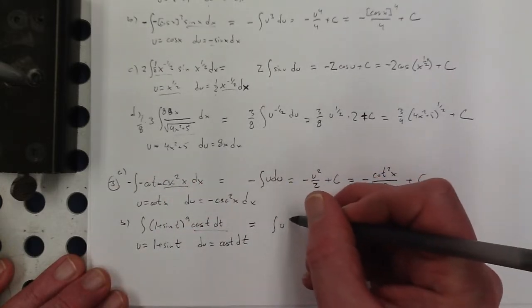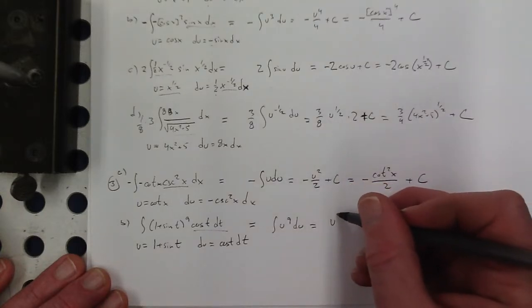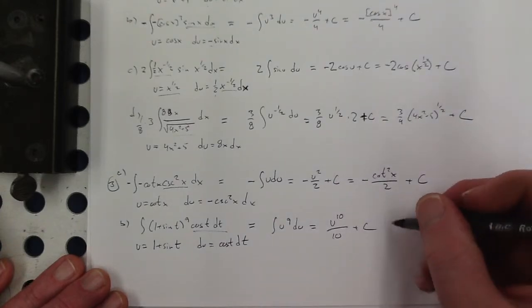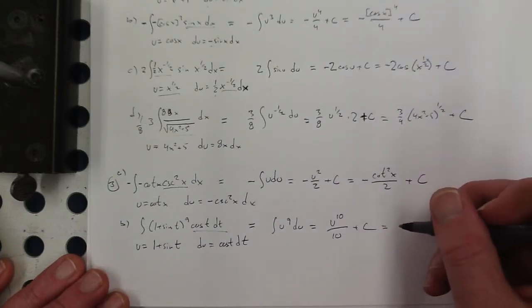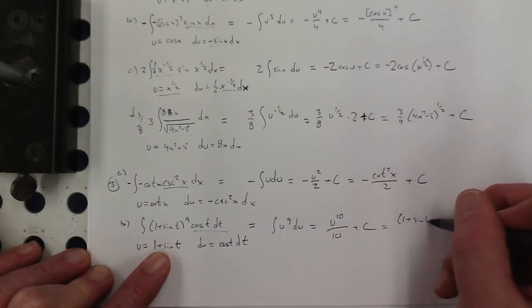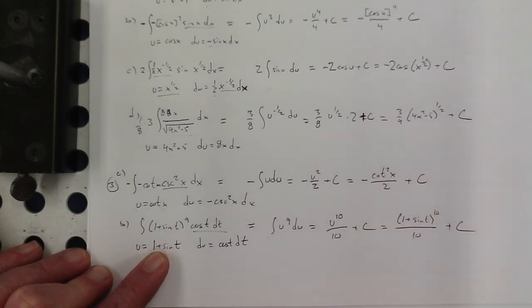So that's the same as u to the 9th du, and the antiderivative of that is u to the 10th over 10 plus c, so that's 1 plus sine t to the 10th over 10 plus c.